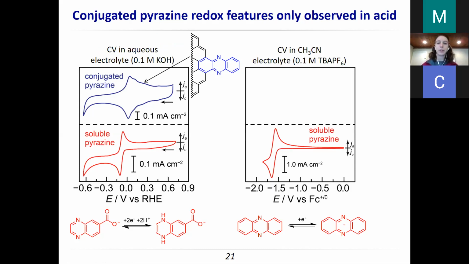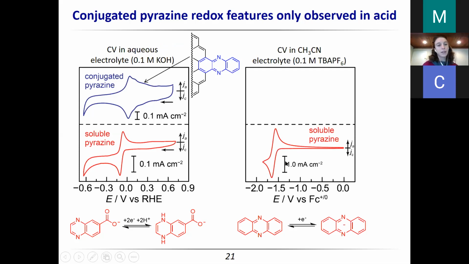We then moved to a non-aqueous electrolyte. So this is in acetonitrile. And in this case, the model complex was phenazine, just dissolved in solution. Phenazine shows this reversible 1-electron reduction. So here's the compound getting reduced by 1 electron, reoxidized, beautiful reversible wave.